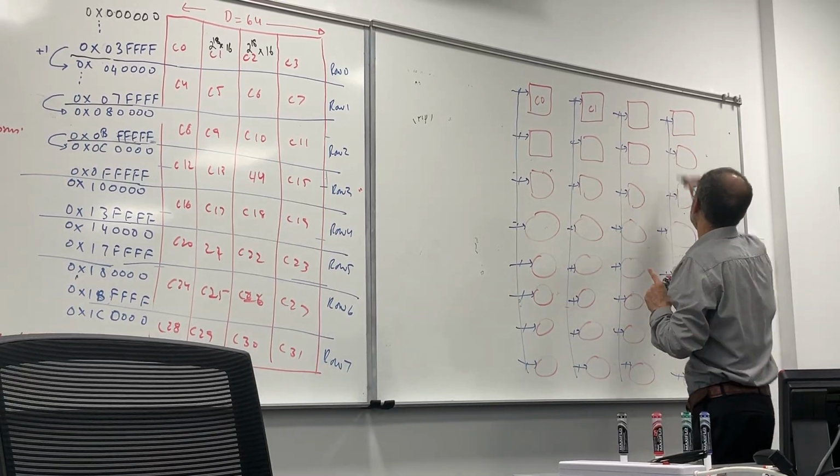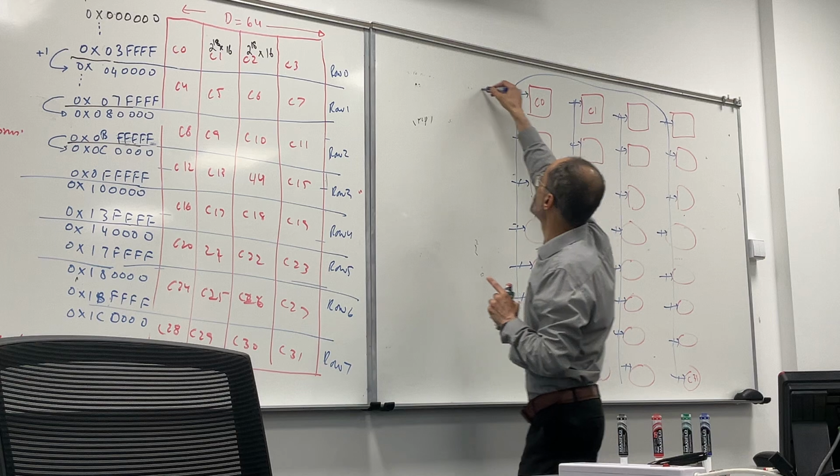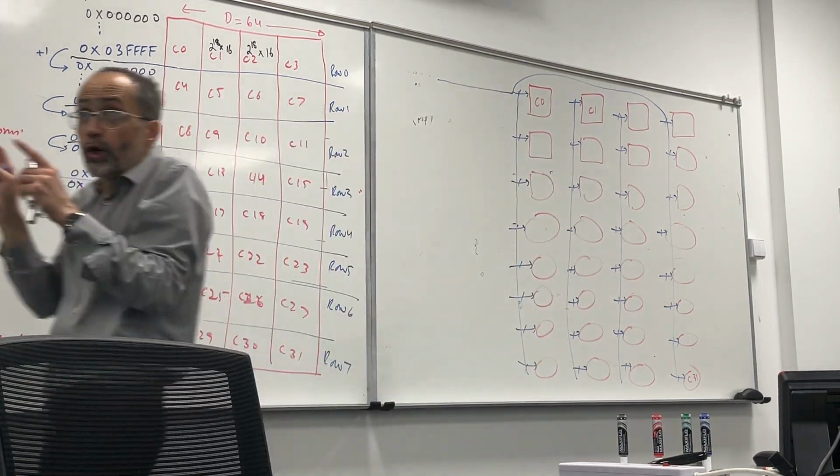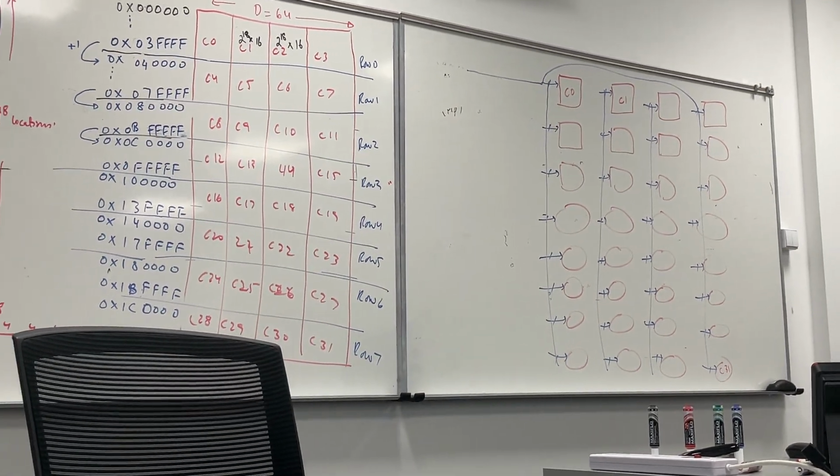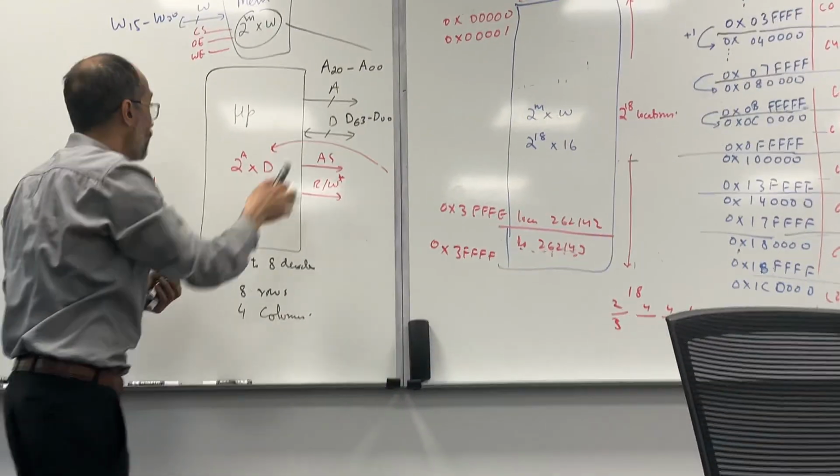All of these 18 lines are connected to the lower order bits. So if you look at here, we have A20 to A00.